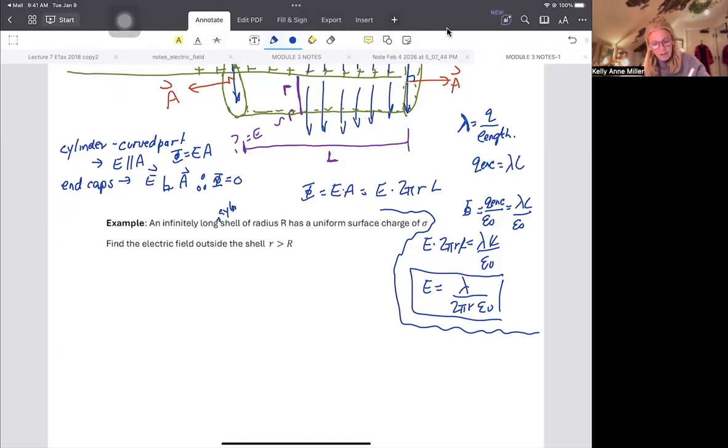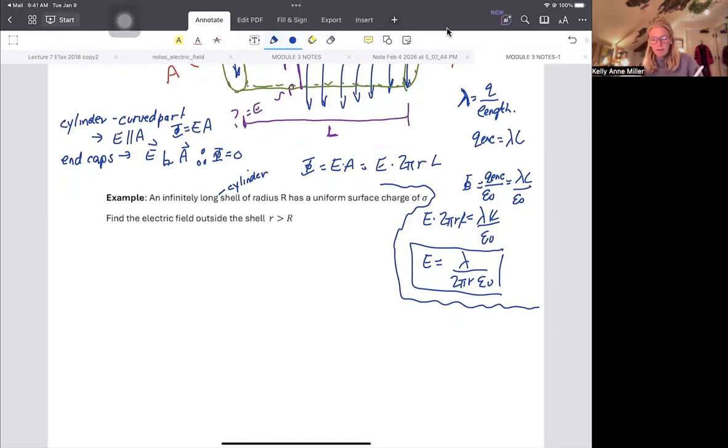Because otherwise, I don't know how you would differentiate it. Well, maybe it wouldn't, because infinitely long implies cylindrical. It's a cylinder. So here's the cylinder.